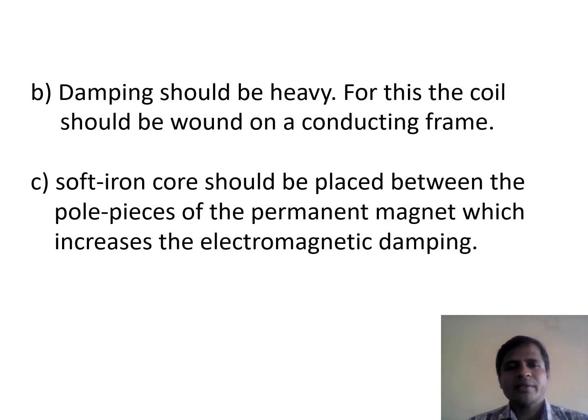The second condition, the damping should be heavy. For this, the coil should be wound on a conducting frame. But in the previous case, it was exactly opposite. To have less damping, it was wound on a non-conducting frame, but here, to have heavy damping, the coil must be wound on a conducting frame.